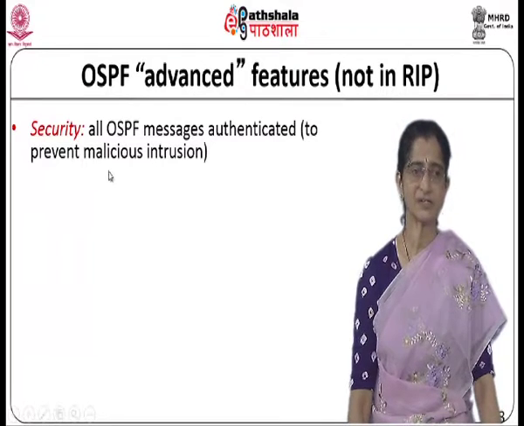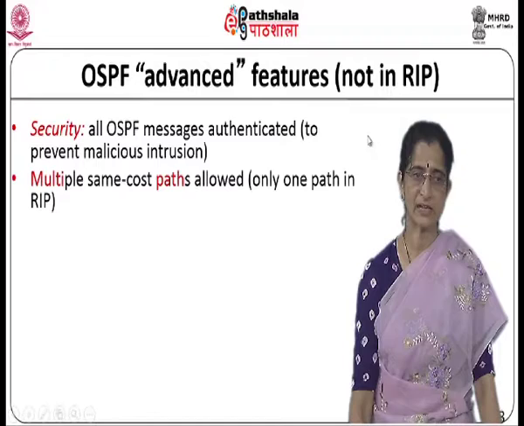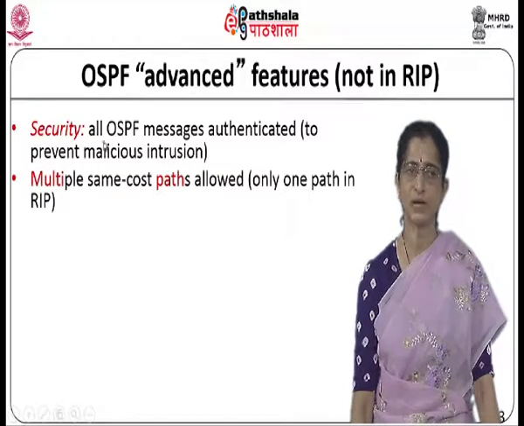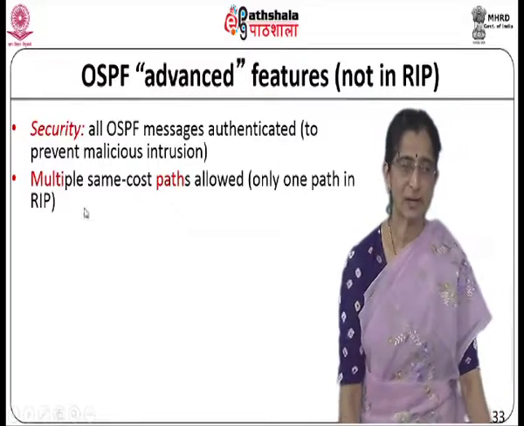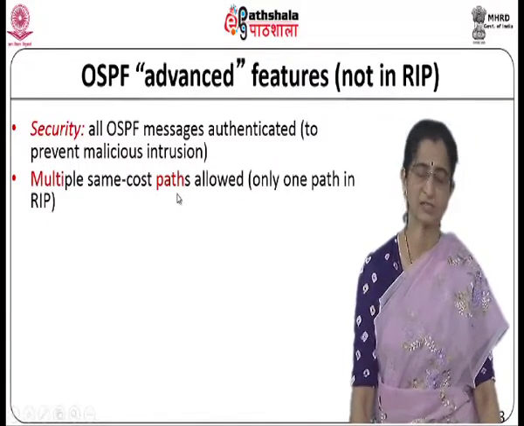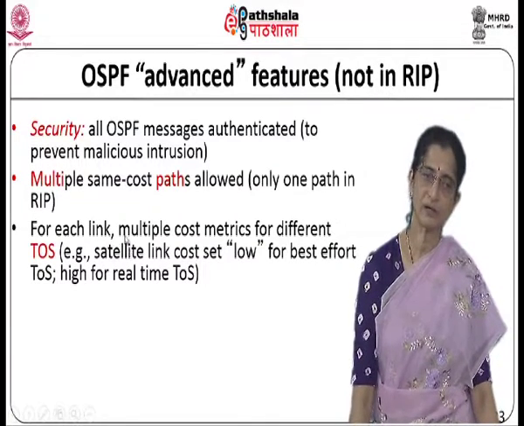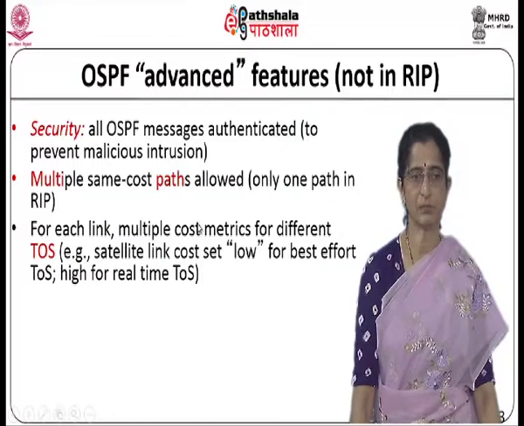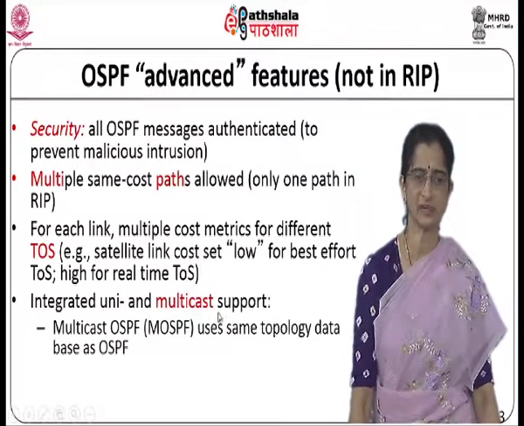Some advanced features in OSPF which are not there in the RIP protocol: as we saw, it has support for security, that is, authentication support to prevent malicious intrusion. It also supports multiple equal-cost paths, which is not there in RIP. We also have different cost metrics that can be used to support different quality of service, and you have integrated unicast and multicast support, which is also not provided in RIP.